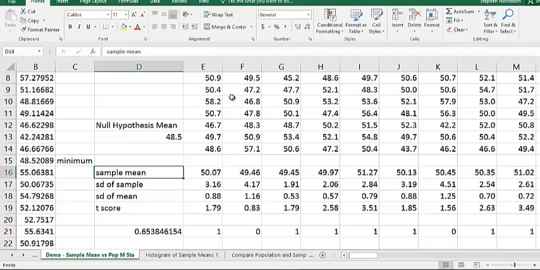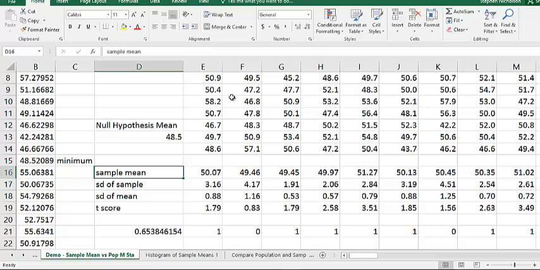So again, you have a sample of 13 data points, randomly chosen from 1,000 population, and you get the sample mean, standard deviation of the sample, standard deviation of the sample mean, and you can calculate a t-score instead of calculating a confidence interval.